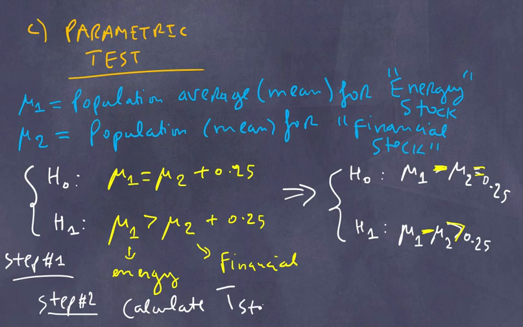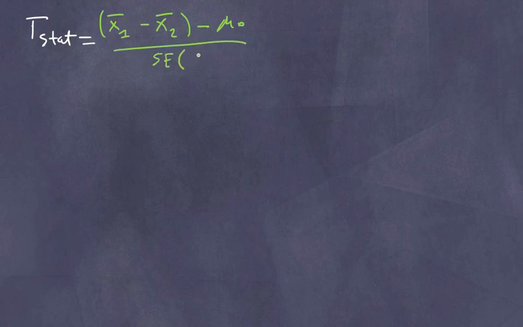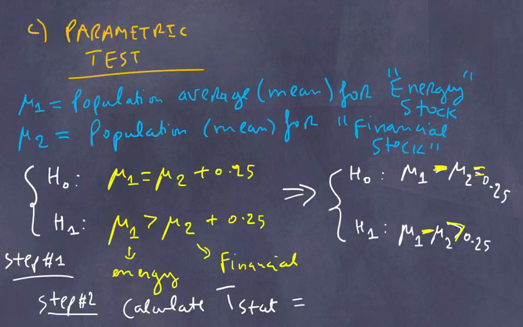let's find the T-stat. X1 bar minus X2 bar minus mu0 over the standard error for X1 bar minus X2 bar. Of course, mu0 is 0.25, right? It's the difference between mu1 and mu2. So this is mu0, the right hand side of the equation in H0.